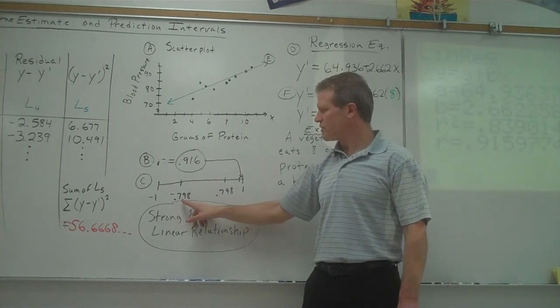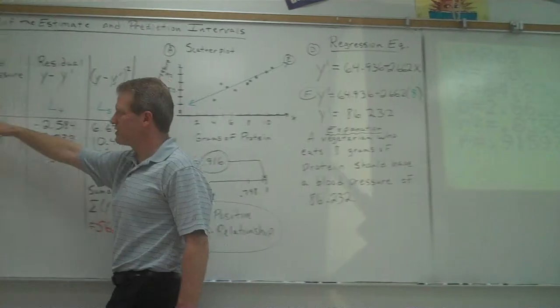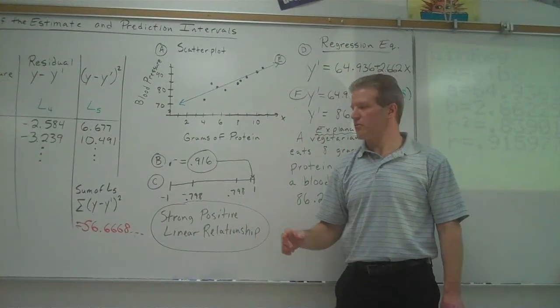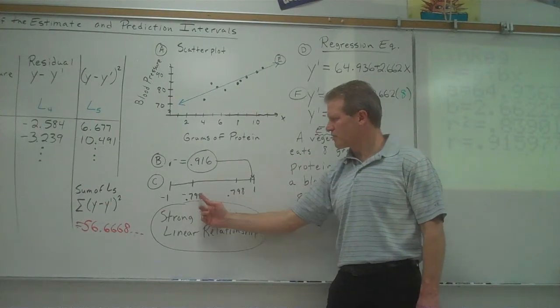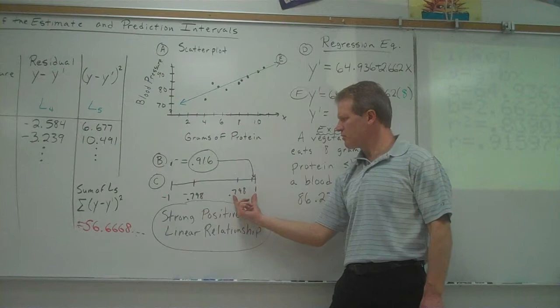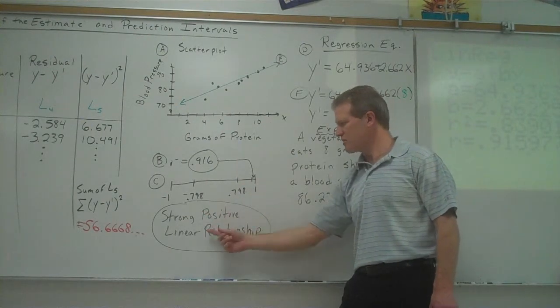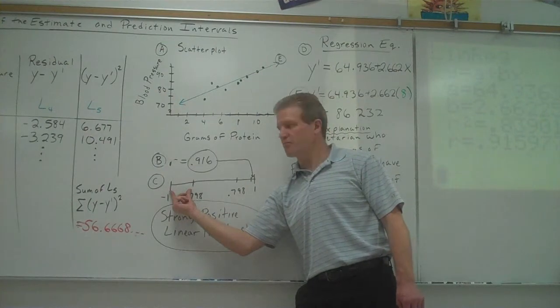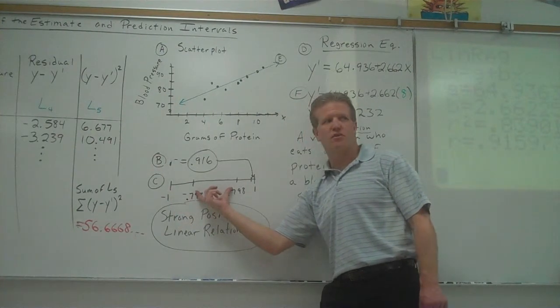We're going to use degrees of freedom of 7 because we have 9 points, 9 minus 2 is 7. The problem tells us to use alpha equal 0.01, and we come up with these two critical values. Because our r value falls between the right critical value and 1, we say there's a strong positive linear relationship. If it would have fallen over here, it would be a strong negative linear relationship. If it would have fallen in the middle, we would have said no linear relationship.